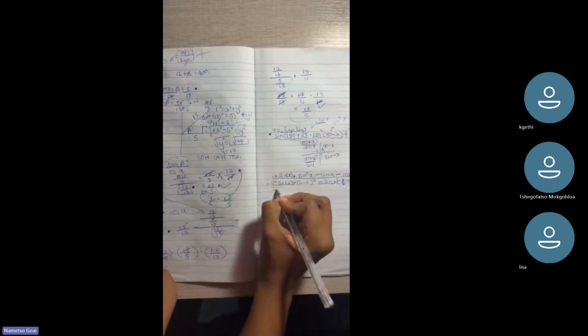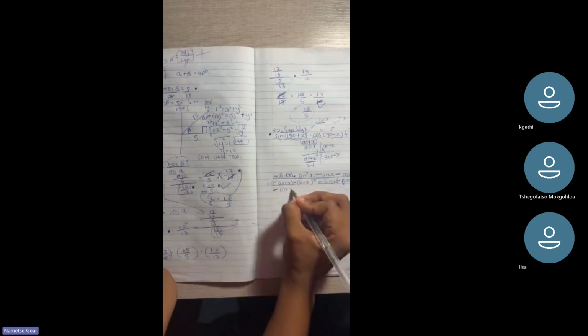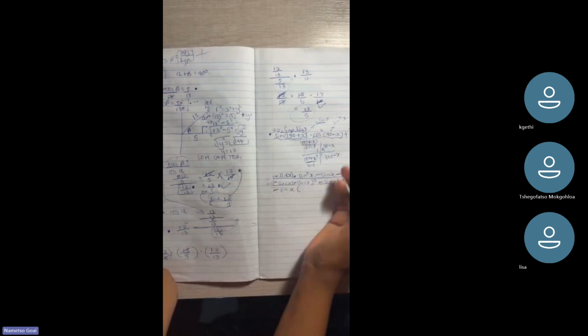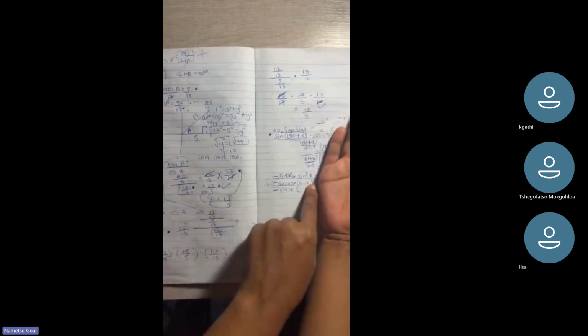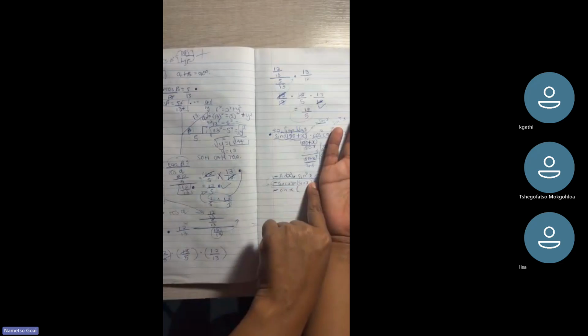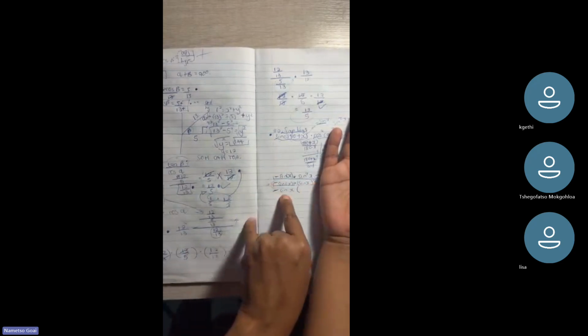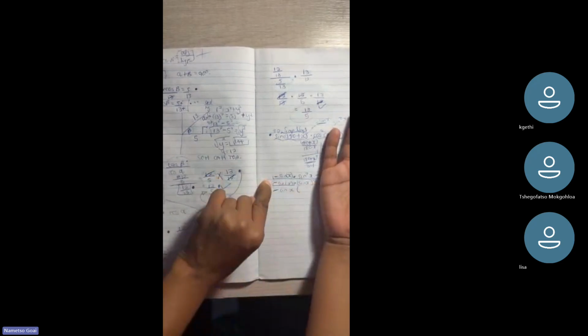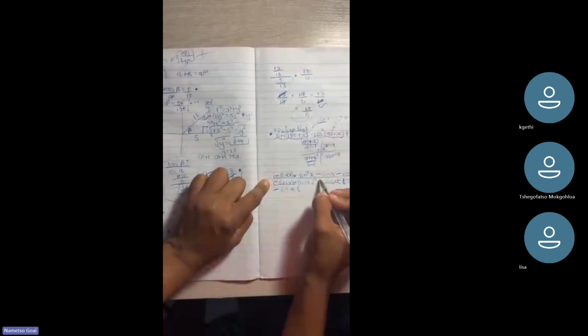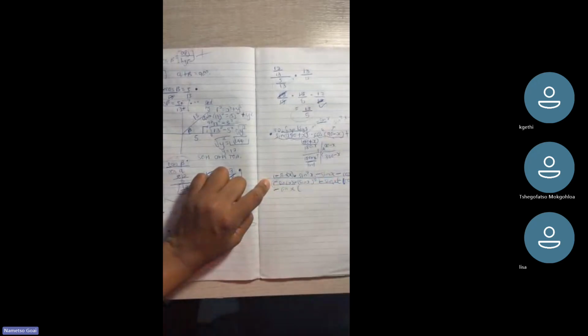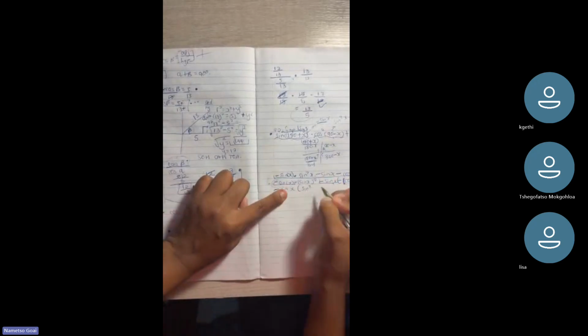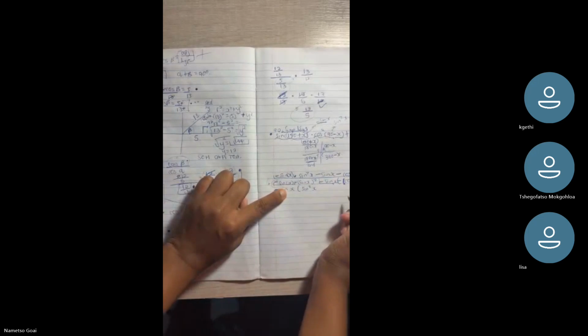So we're going to have negative sine x all into what? If we take negative sine x from this, we're left with sine squared x.